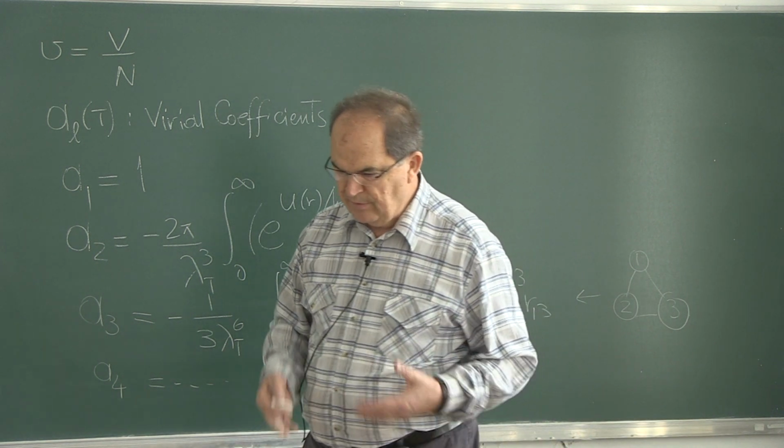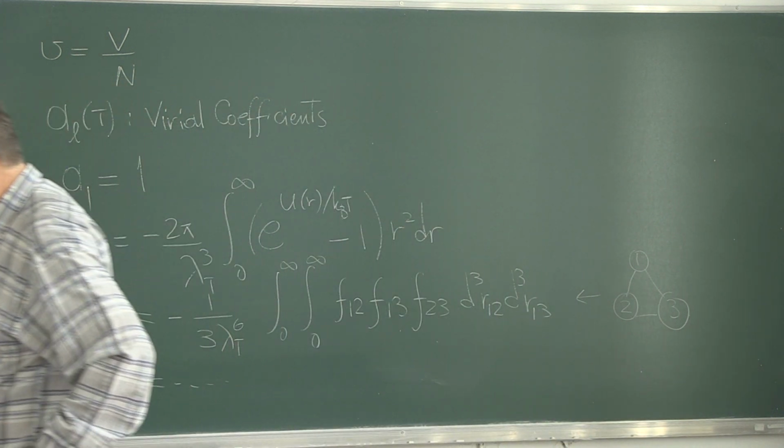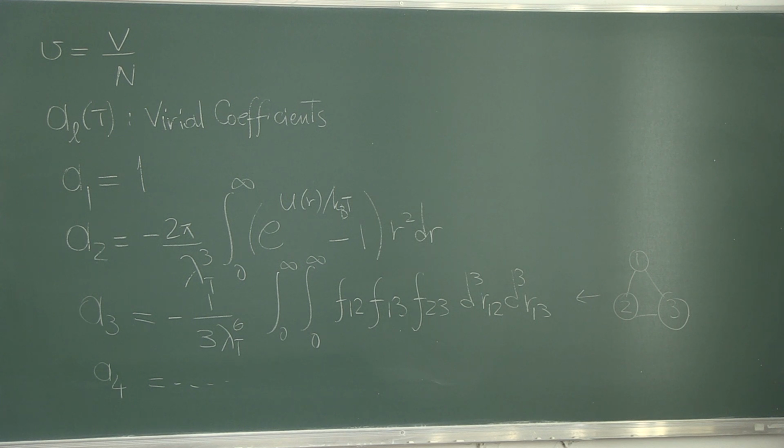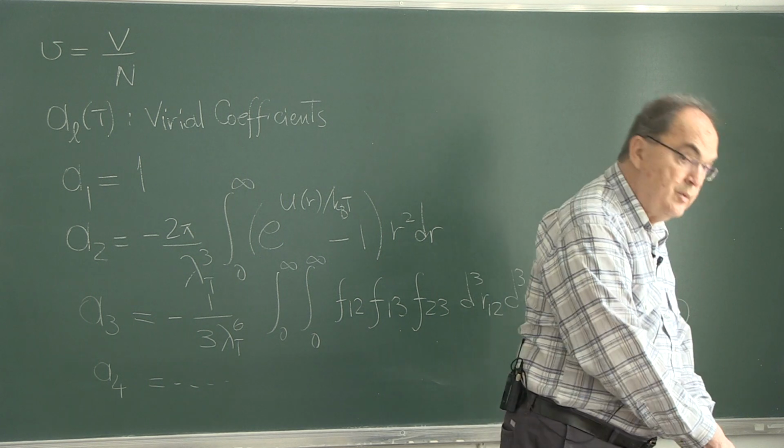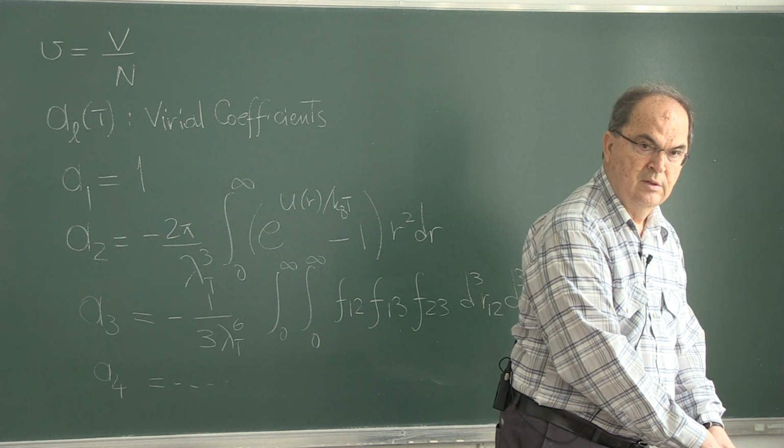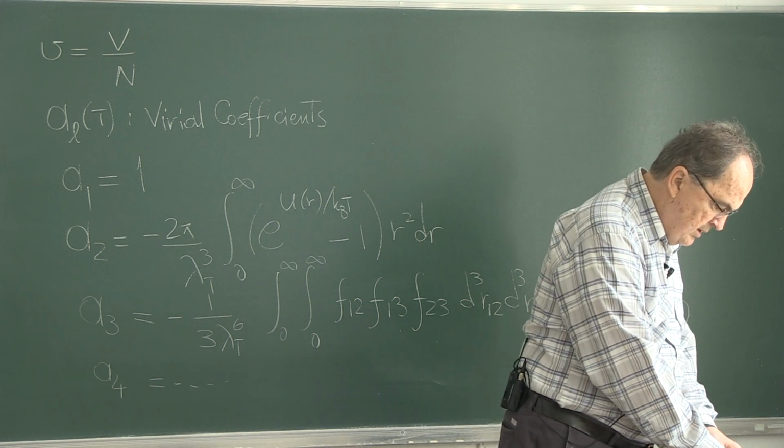Now, I will consider really dilute gas so that you need to keep only the 2 terms. You don't have to go to that term. Okay? And calculate these quantities and see what it gives us.